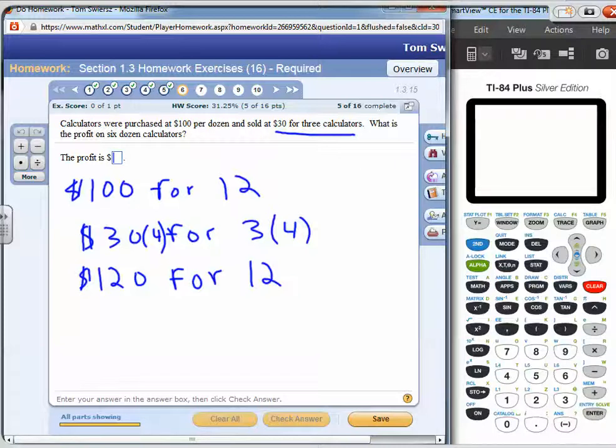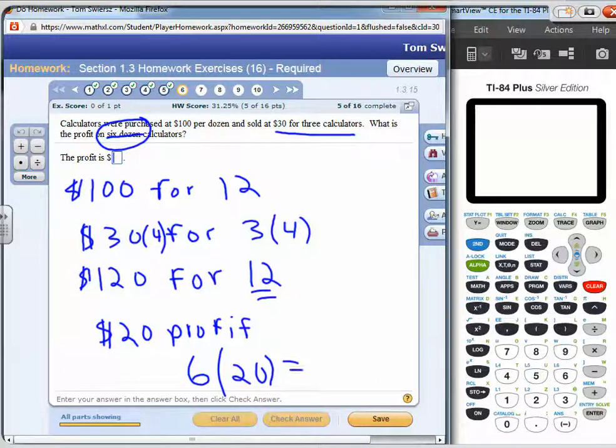Now, the profit on a dozen, for 12, is $20, right? $20 profit for 1 dozen because that's on 12. For 6 dozen, 6 times 20, $20 for each dozen, would give us $120, right?